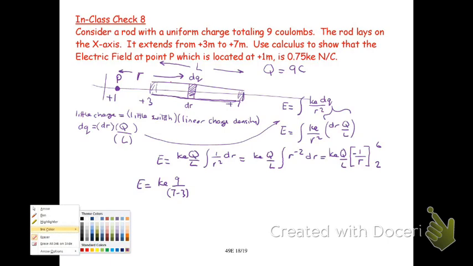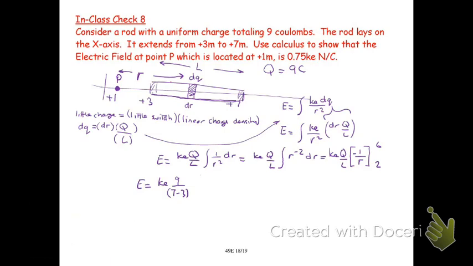Let's go here. Pen. So that's going to be -1 over 6, -1 over 2. So this is going to be 9 over 4, that's going to be -1 over 6, -3 over 6.